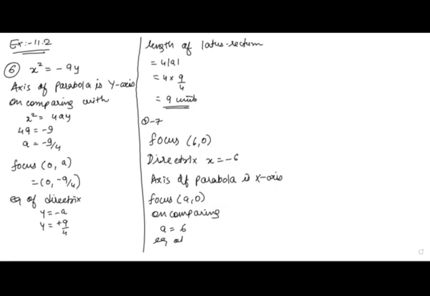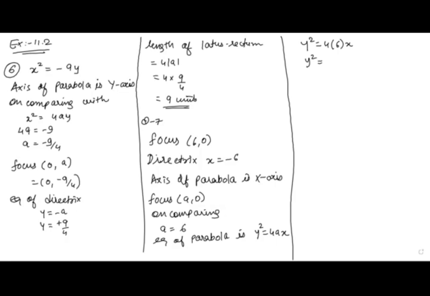So the equation of the parabola is y square is equal to 4ax. Keeping the value of a as 6, I will get y square is equal to 4 into 6 into x. Therefore, the standard equation of the parabola is y square is equal to 24x.